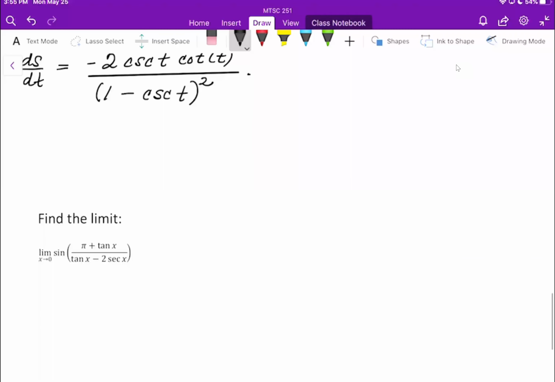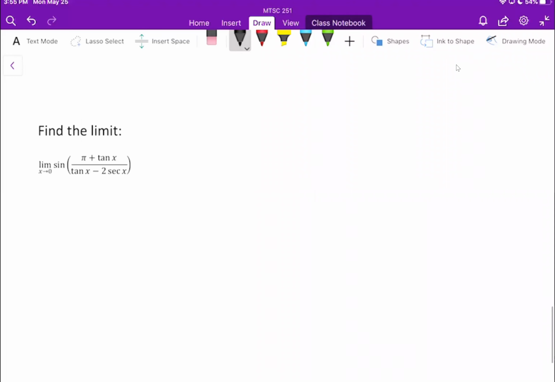All righty. Last problem is a limit problem. We want to find the limit as x approaches 0. So we're going to do direct substitution.